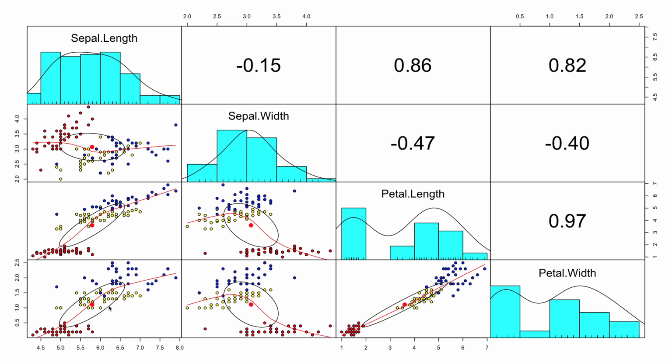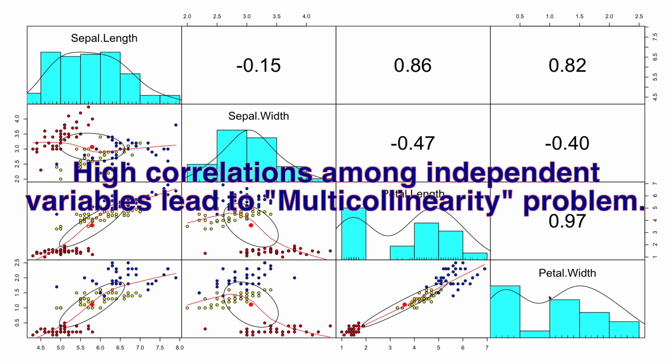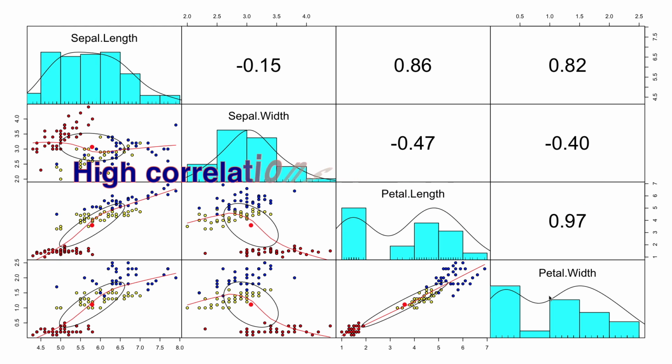When we are developing predictive models and when correlation among independent variables is high, that gives rise to multicollinearity problems. The estimates for the models that we get are very unstable, or predictions are not going to be accurate. So one way we can handle this is using principal component analysis.